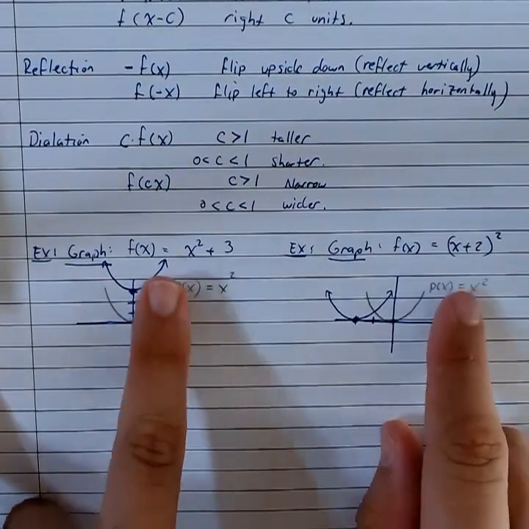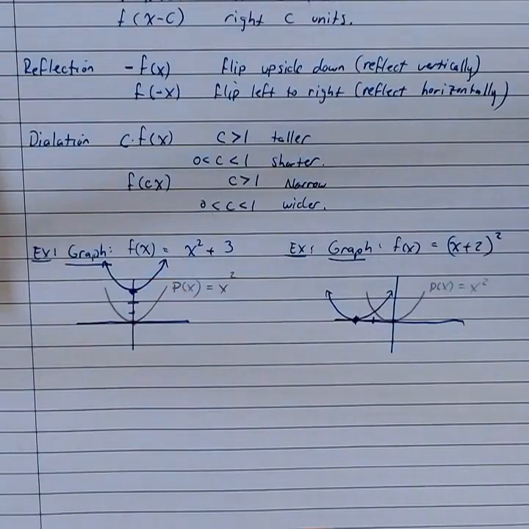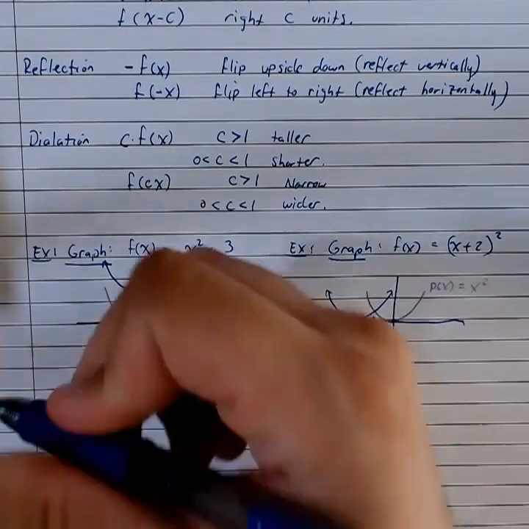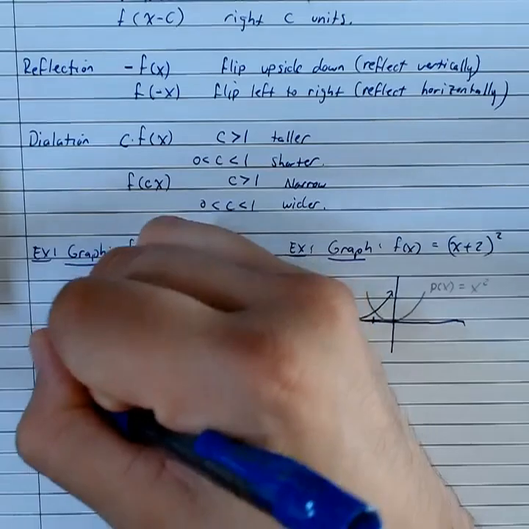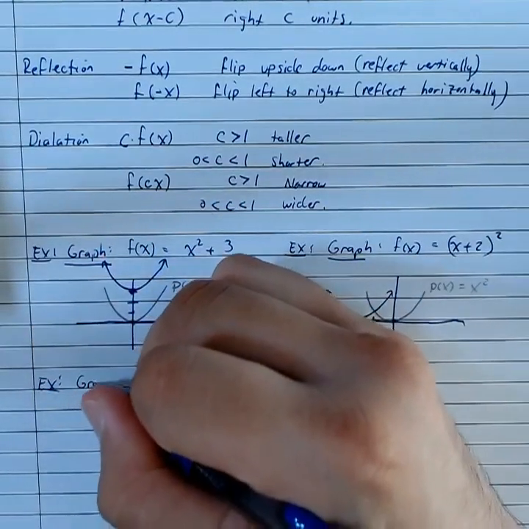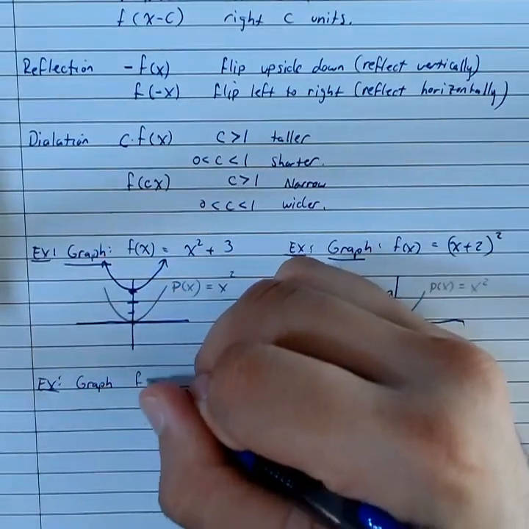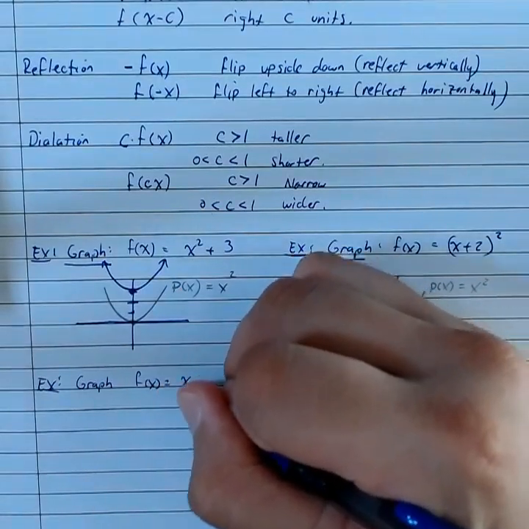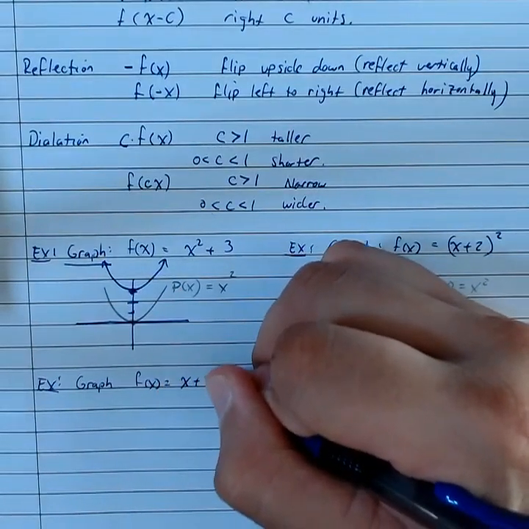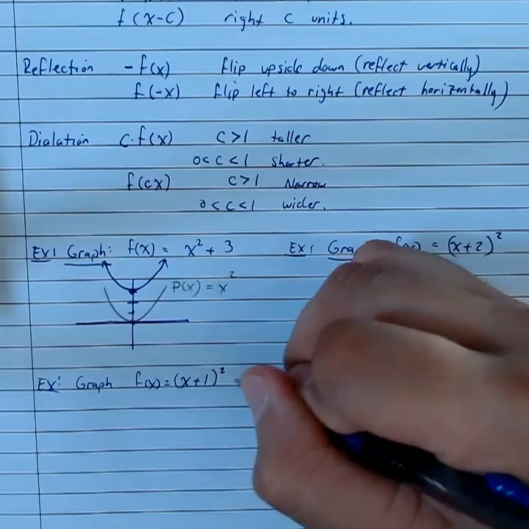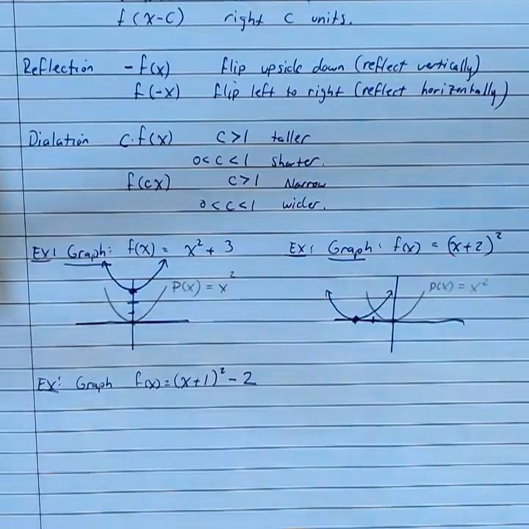You can combine those. You can take a function and graph several translations. For example, let's go ahead and graph f of x equals (x plus 1) squared minus 2.